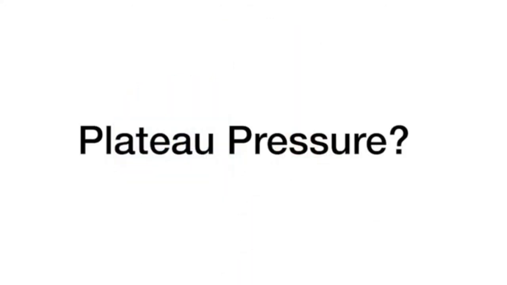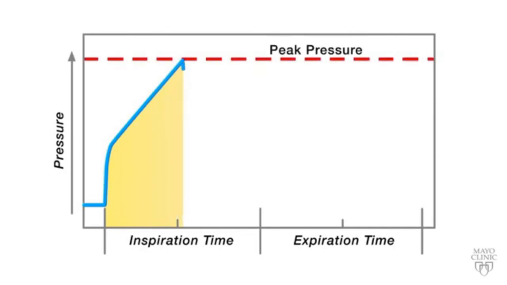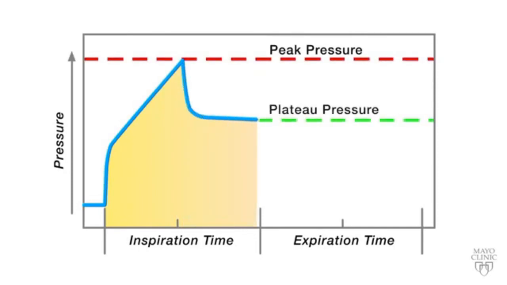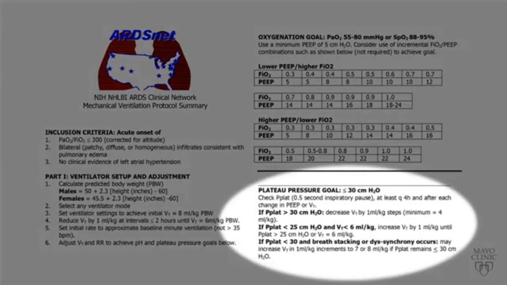What about plateau pressure then? Can we use that as a guide to decide how much tidal volume to give a patient? Certainly, but not quite. Let's make sure we understand why. Plateau pressure is the pressure within the lung after inspiration has completed and flow has stopped. We have traditionally adjusted tidal volume and PEEP to achieve plateau pressures below 30 centimeters of water.